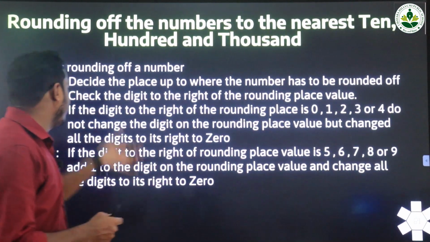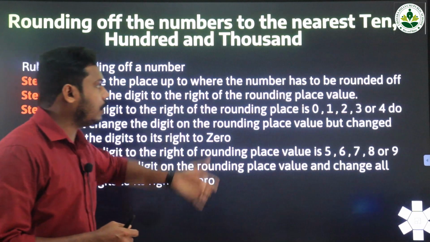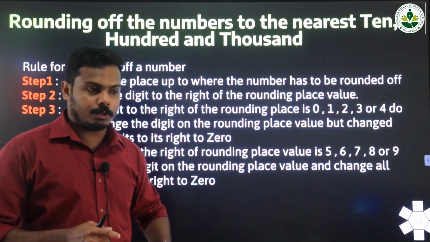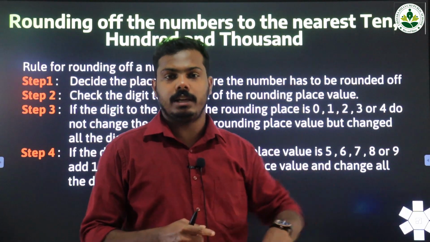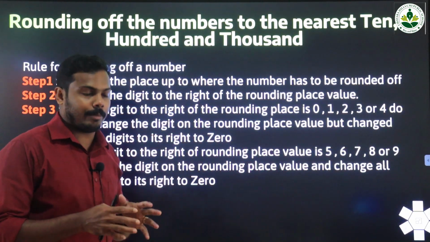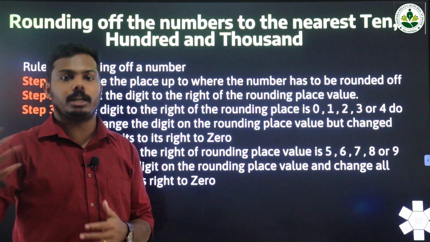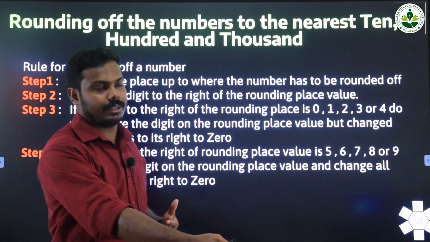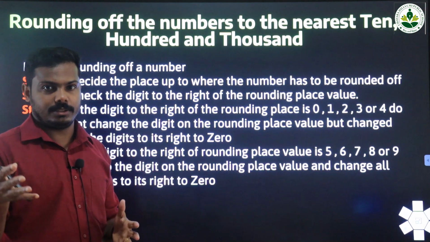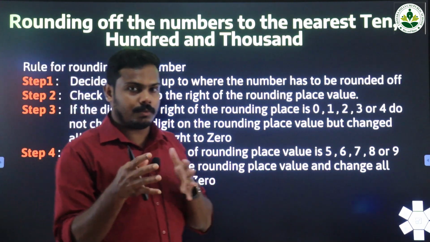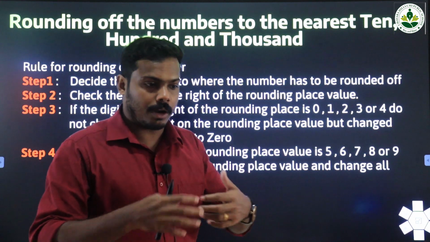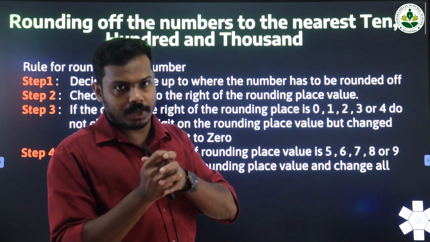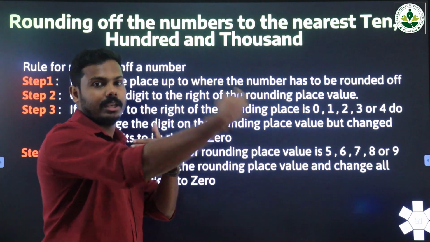Check the digit to the right of the rounding place value. If you want to round off to the nearest 1000, look at the digit in the 100s place. In class 3 and 4 you already learned: if you want to round off to the nearest 10, look at the digit in the ones place, that means the next place.